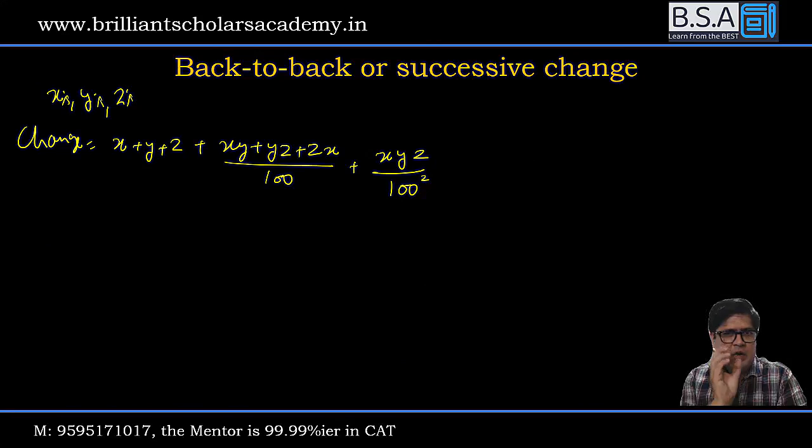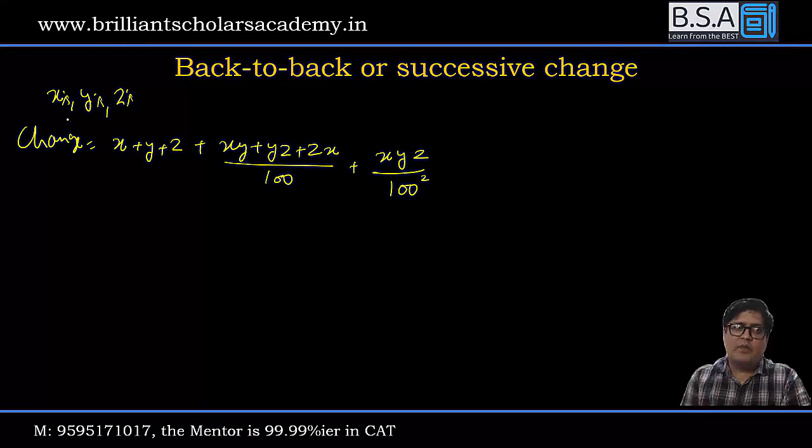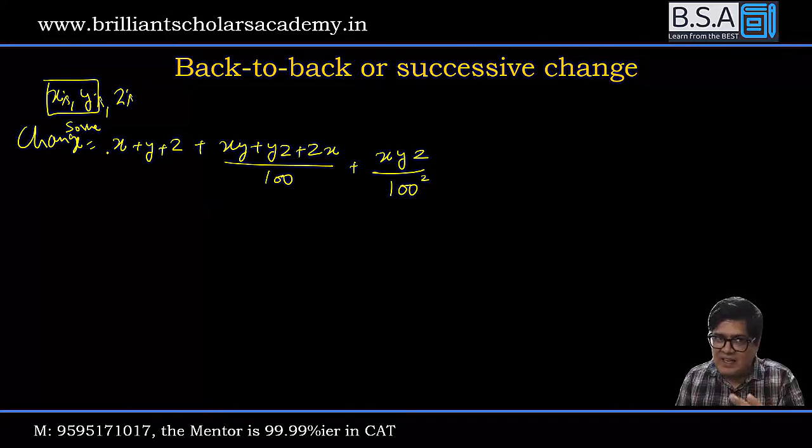That becomes a little complicated formula to work with. तीन चीजों का formula becomes a little difficult. So what we do is we solve it for 2. हम इन दोनों के लिए पहले solve करेंगे. Whatever is the result, उसको हम z के साथ formula में use कर लेंगे.